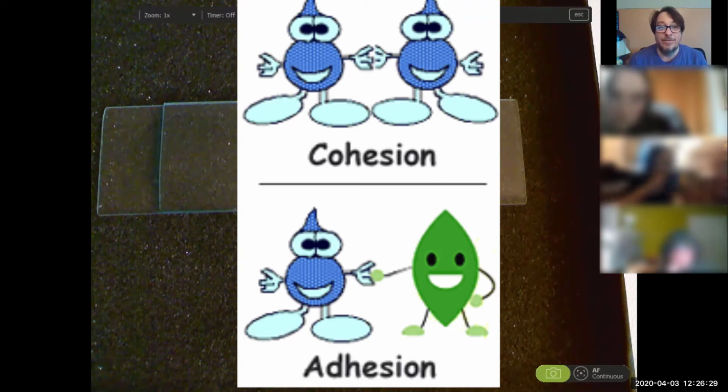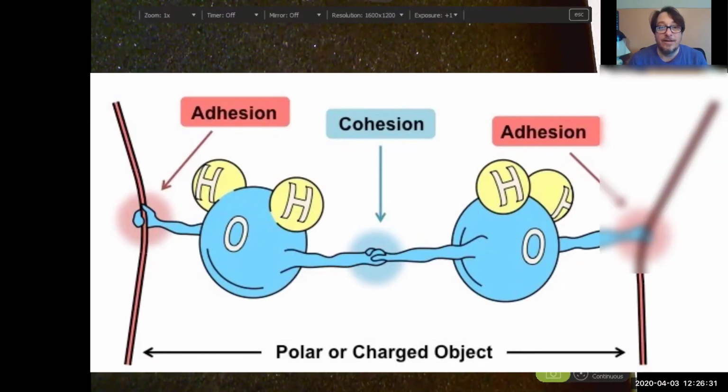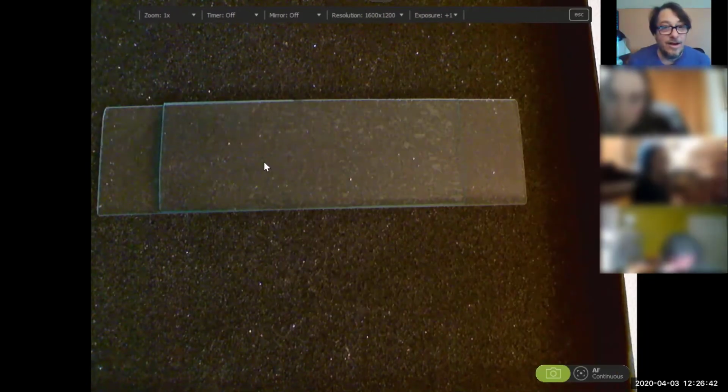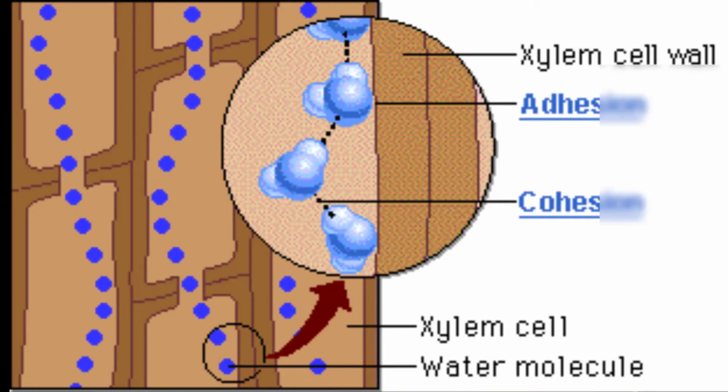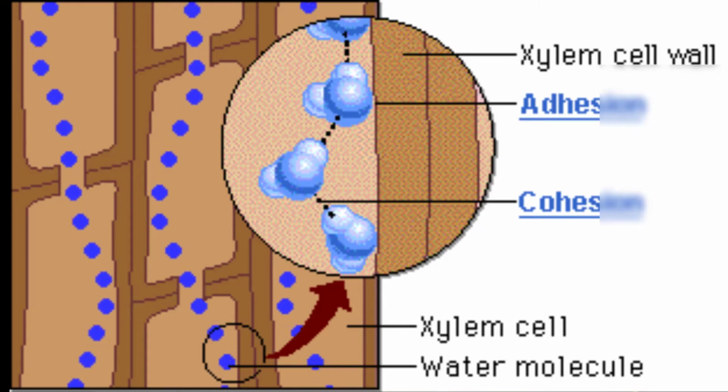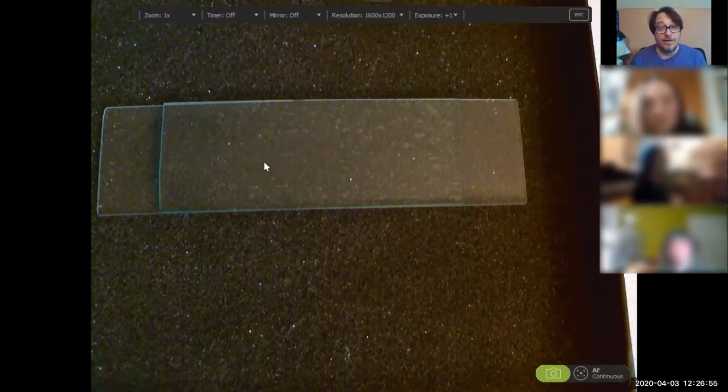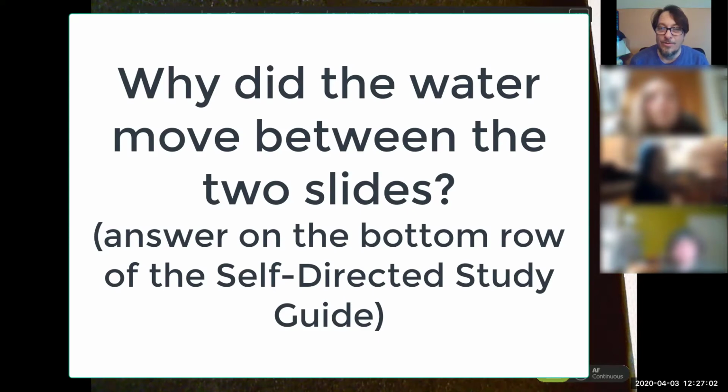It's adhesion because the water is attracted to the glass and pulls itself up through there, but it's cohesion because down at this end, you'll notice that the water is disappearing as it pulls in. So the water molecules pull each other along because of their polar attraction to each other.